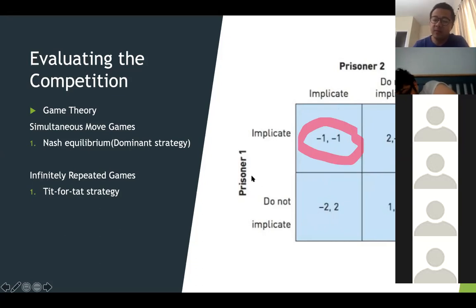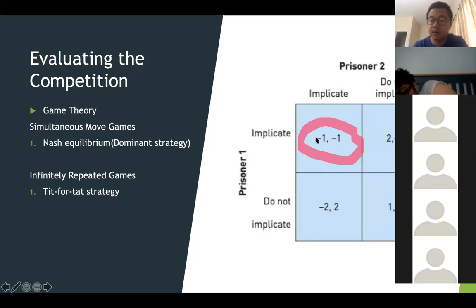Let's see, if we are prisoner one, assume prisoner two chooses do not implicate. If we also do not implicate, we get -1. If we choose implicate, we get -2. So -1 is better than -2. Sorry, let me repeat again. If prisoner two chooses do not implicate, and we choose do not implicate, we get -1; if we implicate, we get -2.